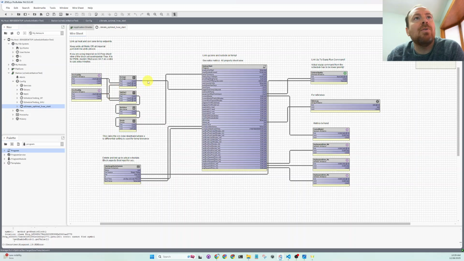This code calculates a target zone set point, and it's also calculating the deadband, which is a temp tolerance, is what I've been calling it. So if these ever get adjusted by the building operators or the tenants, this little math right here will account for that.